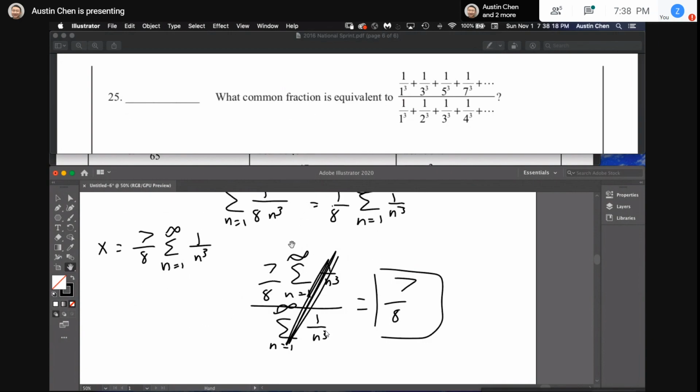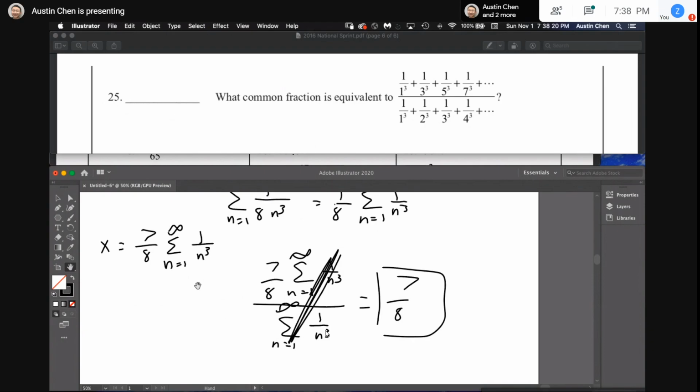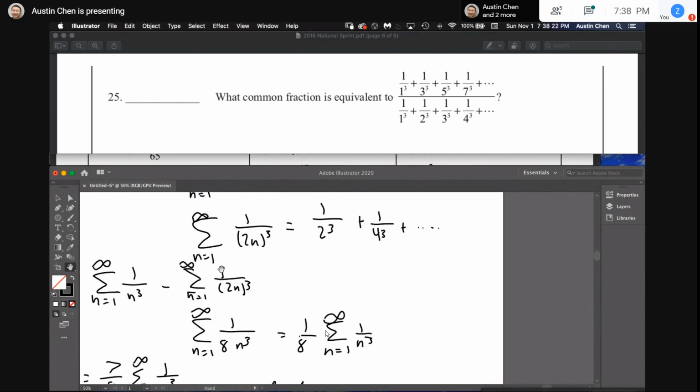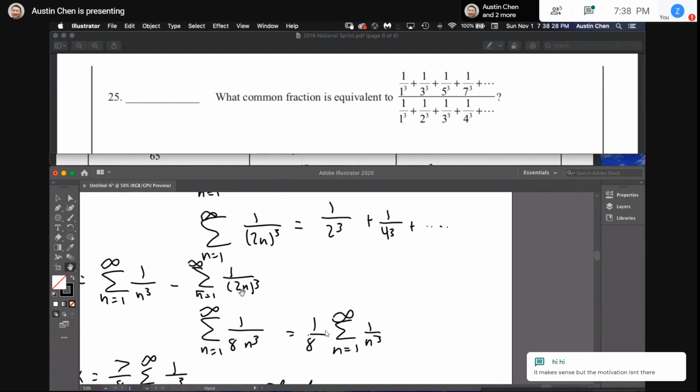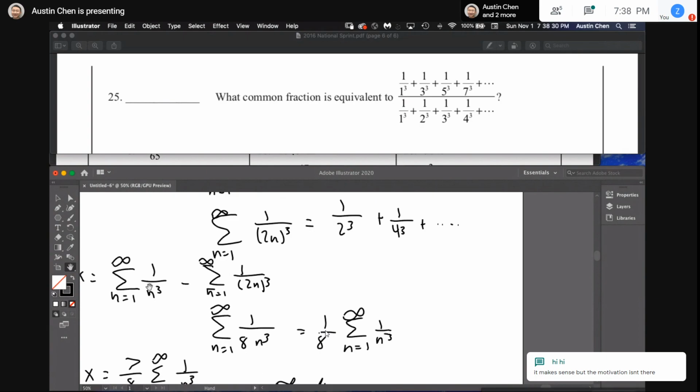And then the key thing was noticing that this 1 over (2n) cubed is really nice, because it's going to be 1/8 of 1 over n cubed. And then noticing that we can just put it in terms of that 1 over n cubed and this 1 over (2n) cubed.